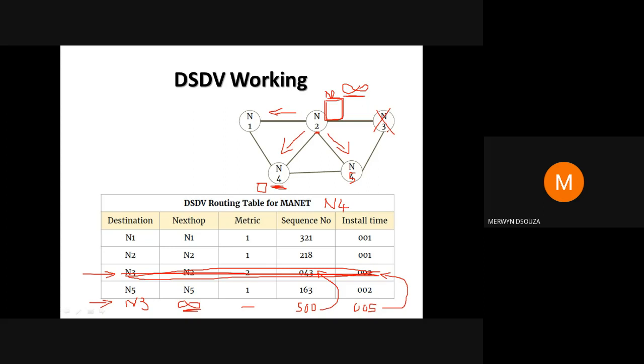So this is basically how it works whenever a node is moving around and is not part of the network, or the battery gets discharged, or various other factors due to which a node can fail. And that is one of the ways in which a route gets updated in DSDV.